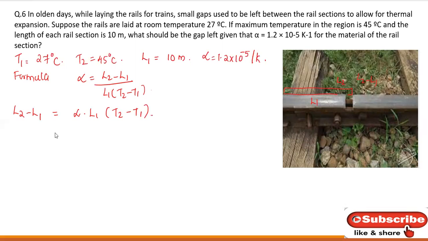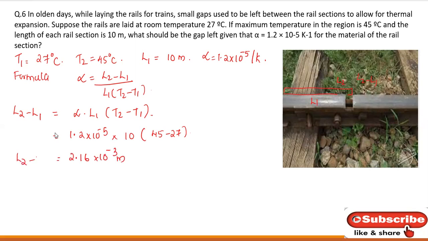On substituting the values, we get 1.2 into 10 raised to minus 5 into L1 is 10, T2 minus T1 is 45 minus 27. That is equal to 1.2 into 10, which is 12. 12 into 18 is 216 into 10 raised to minus 3 meter.